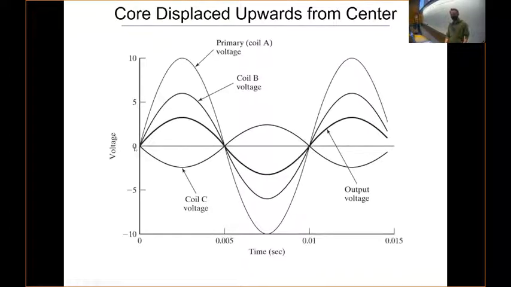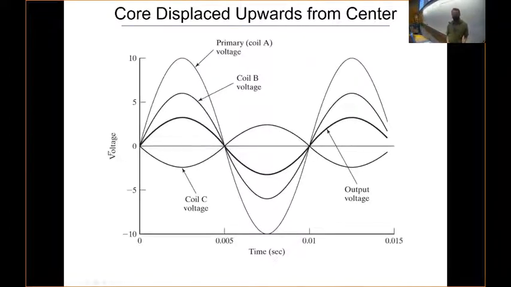Here we're going up, while here we're going down. So the output, since we add those together in series, is going to be the interference of these two. So destructive interference. This coil B is canceled out by coil C. So coil B minus coil C gives us this dark line as our output.